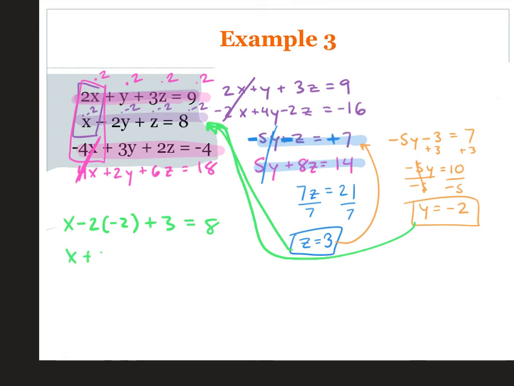So x plus 4 plus 3 is equal to 8. X plus 7 is equal to 8. What do we get for x? 1. How do we write our answer? 1, -2, 3.